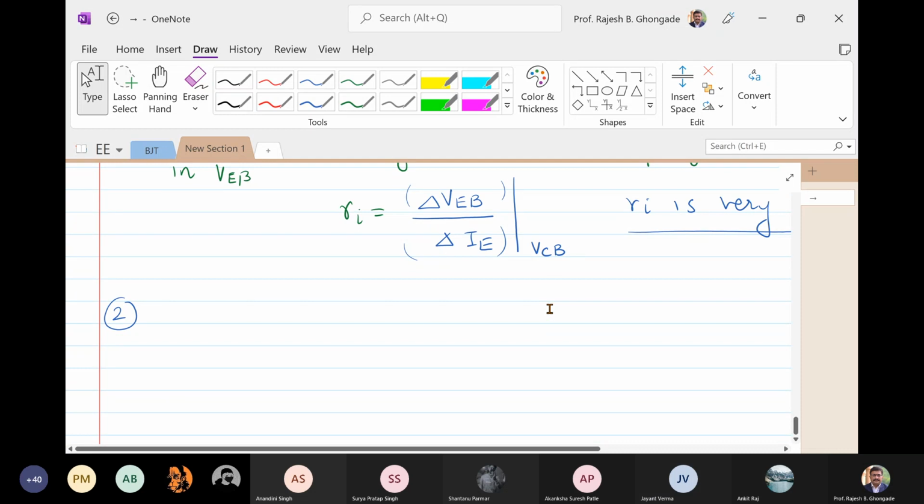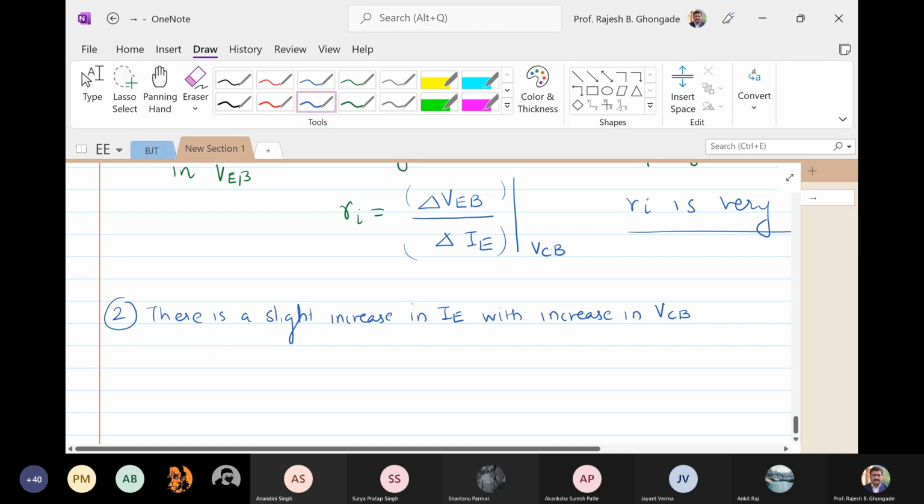So we can make note and observation that there is a slight increase in IE with increase in VCB, if you keep VEB constant.